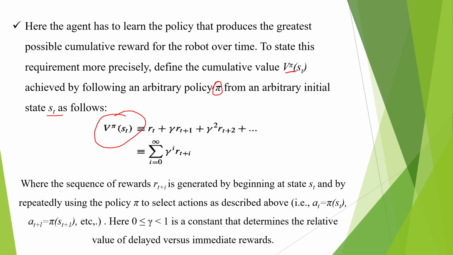How to calculate this V pi of st? It is the current reward rt, plus lambda rt plus 1, lambda square rt plus 2, and so on.